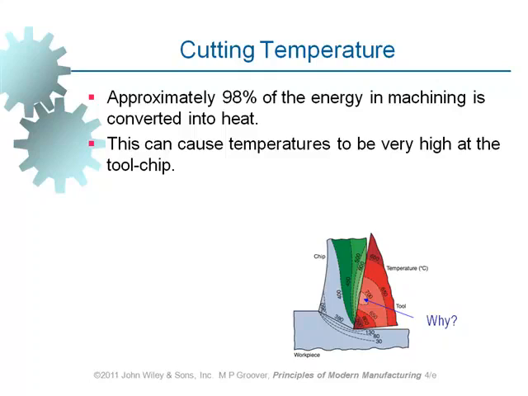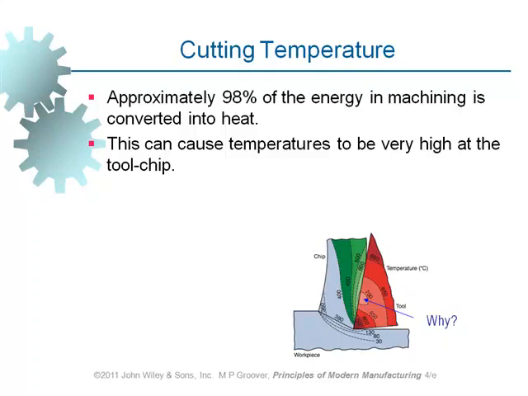And also, comparing the three parts shown here, the workpiece, the chip, and the cutting tool, which one receives maximum heat energy? Is it the cutting tool, or the chip, or the workpiece, which is hotter than the other two? Take a look at the numbers.